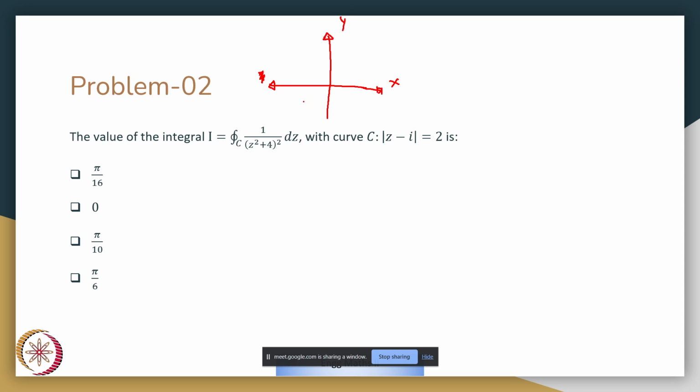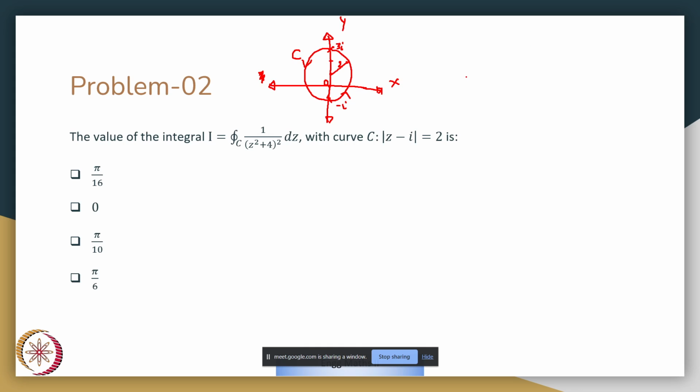This is y, x, and z equal to i, 2i, 3i, 0, minus i. This is how my circle would look like. It cuts the y-axis at 3i and minus i. This is my origin and this is my circle with radius 2.